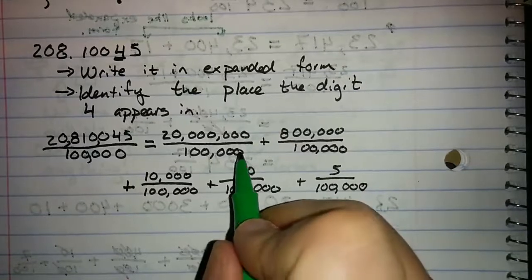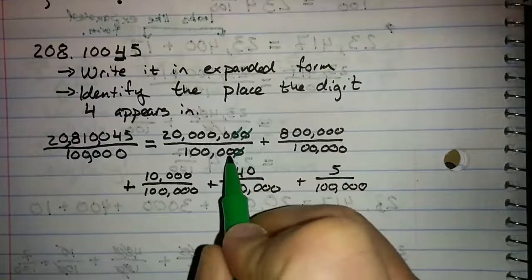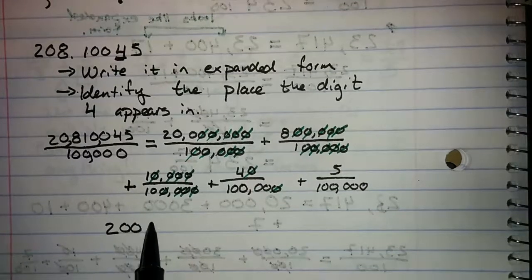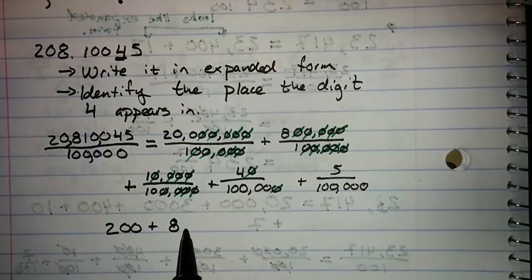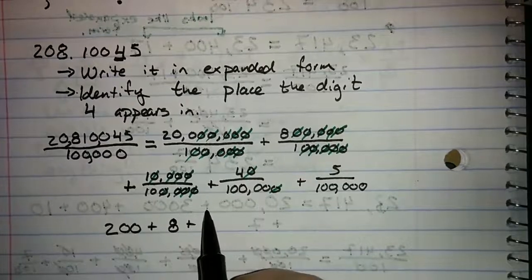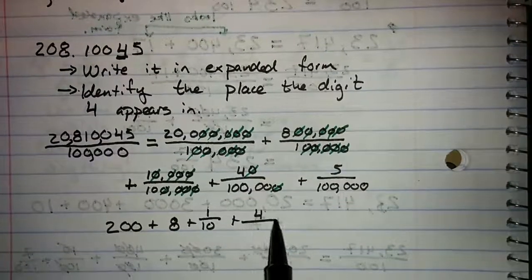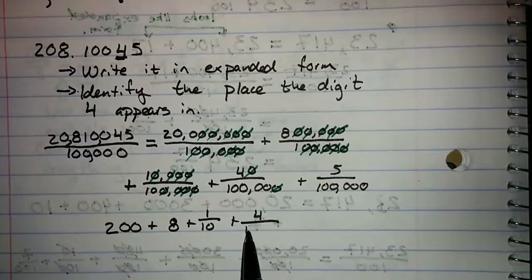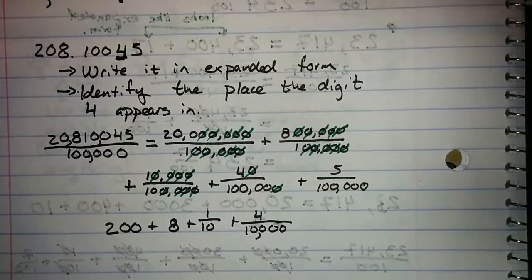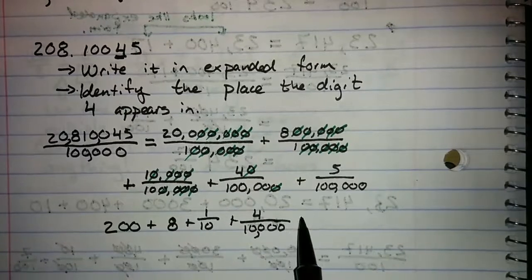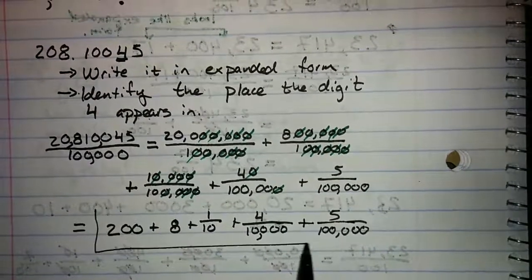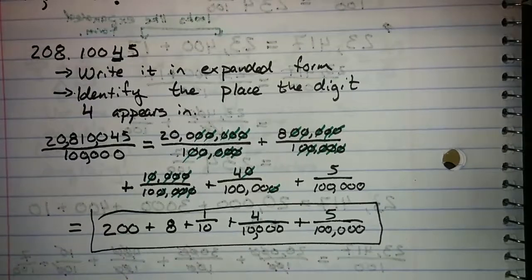Simplifying each of these fractions by canceling a common 10, I'll have 2 hundreds, 8 ones, 1 tenth, 4 over 1 followed by 1, 2, 3, 4 zeros, so 10,000, and 5 over 100,000. This then is the expanded form of my decimal.